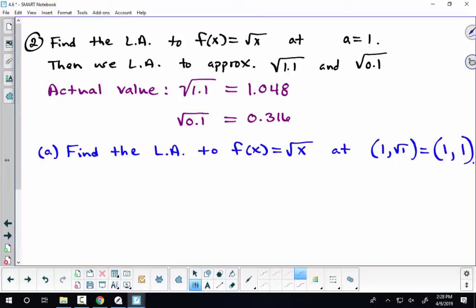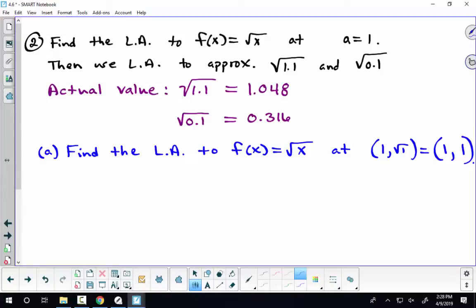So here, this is the approximation. This line approximates this function, the square root of some number. So you want to plug in the number whose square root you want here.